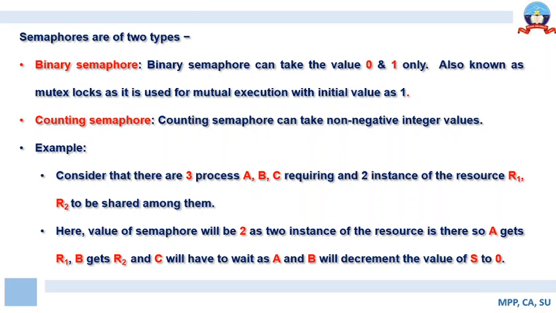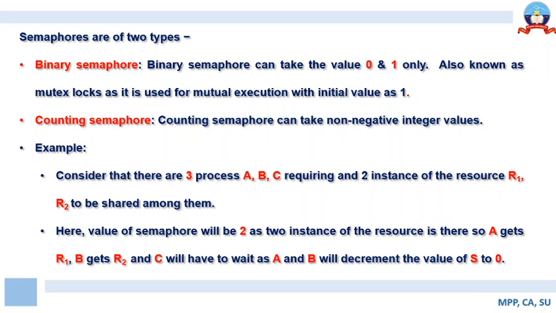So there are three processes and two resources to be shared among the three processes. Here I'll set the value of semaphore to 2 because there are two resources.